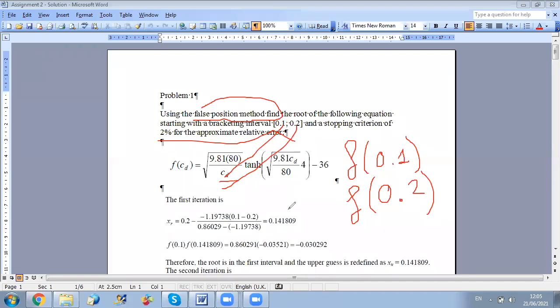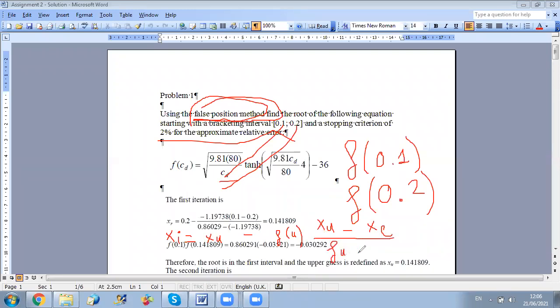Okay. Now, the first step will be to use the formula for the false position method. Since we are using the false position method, the formula is XR is equal to X upper minus F upper times (X upper minus X lower) over (F upper minus F lower).